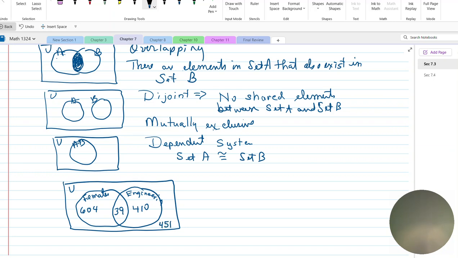So 451 are the males that are not engineers, because that's what the 410 is, right?